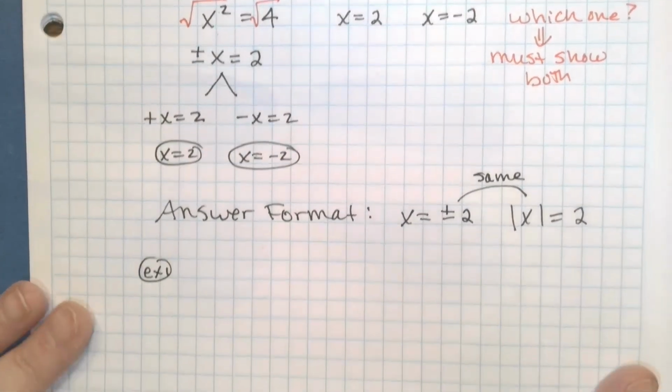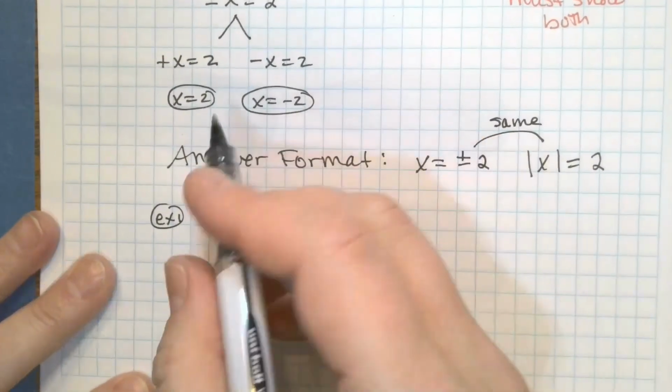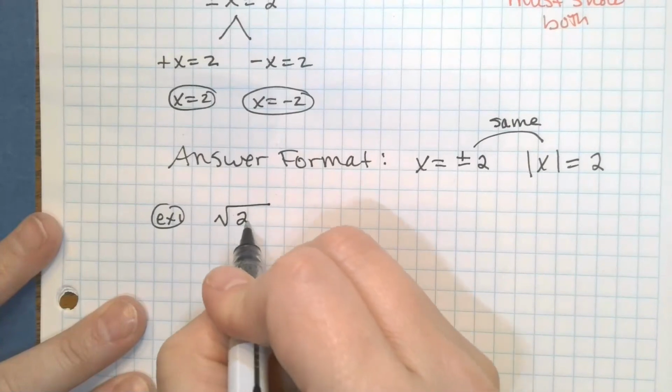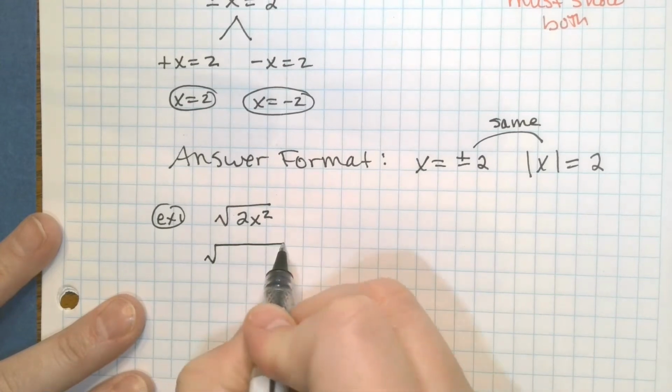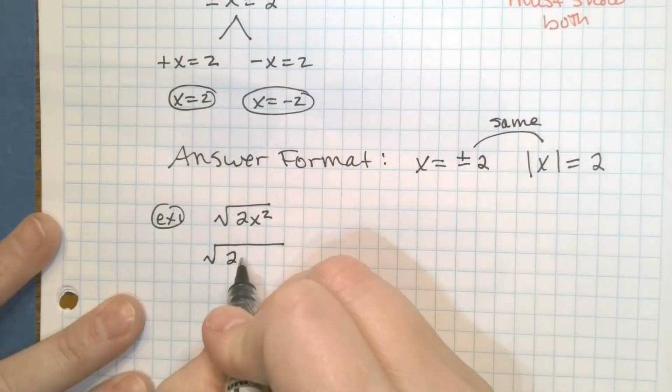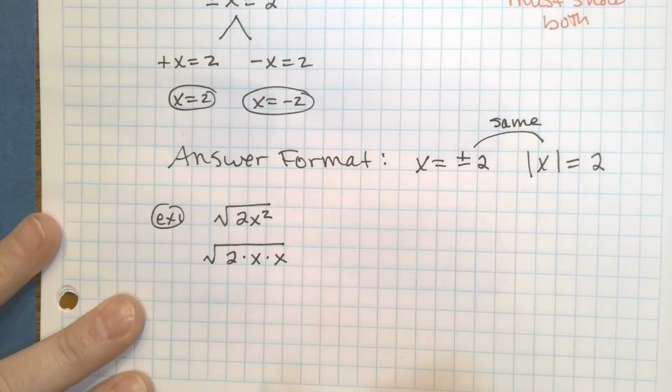All right, let's do a simplifying example. We are going to simplify the square root of 2x squared. The first part of this is the same as before. You're going to prime factor. So 2 is already a prime factor, and then I have an x and an x.